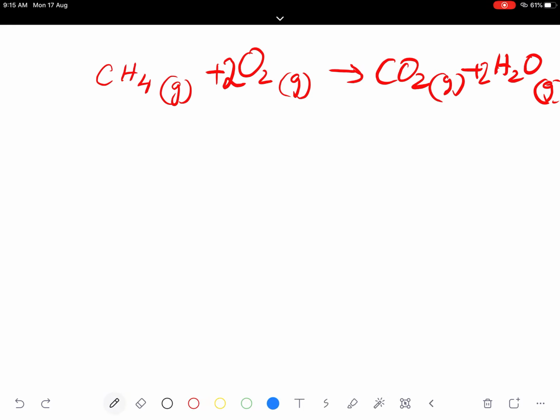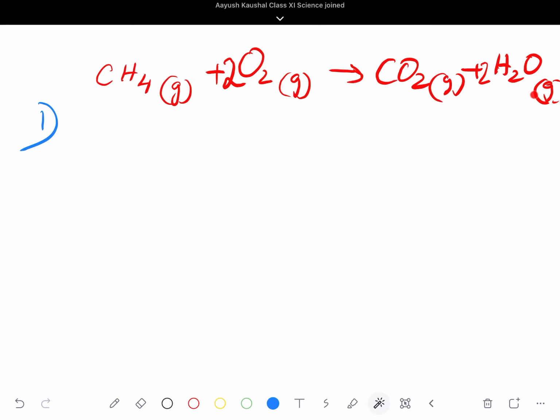The first information is that 1 molecule of CH4, 1 molecule of methane, can combine with 2 molecules of oxygen to form 1 molecule of carbon dioxide and 2 molecules of water vapor.